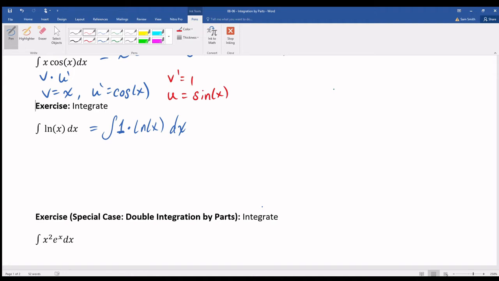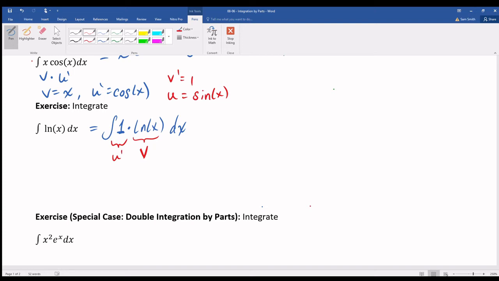So I will think of natural log of x as the one whose derivative has not yet been taken, and I will think of 1 as the function whose derivative has already been taken. And then I'm going to use integration by parts to move the derivative from 1 to the natural log.